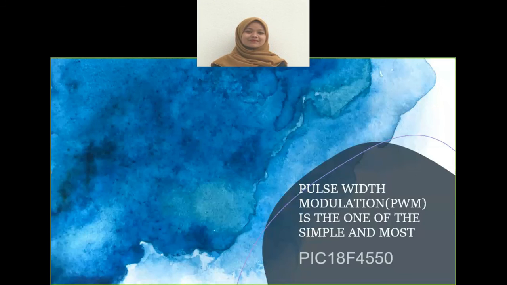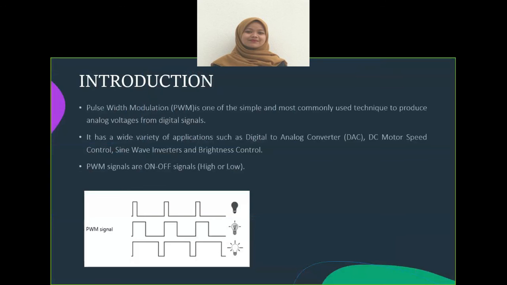Next is PWM. Pulse width modulation is one of the simplest and most commonly used techniques to produce analog voltages from digital signals. It has a wide variety of applications such as digital to analog conversion, DC motor speed control, sine wave inverters, and brightness control.